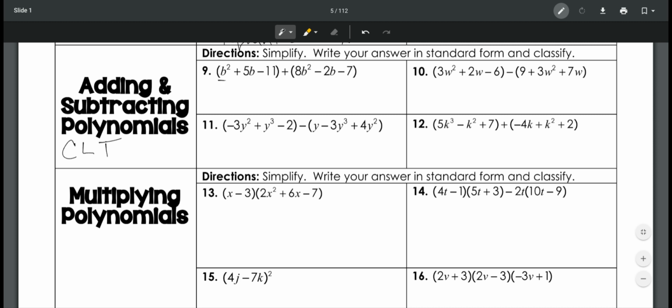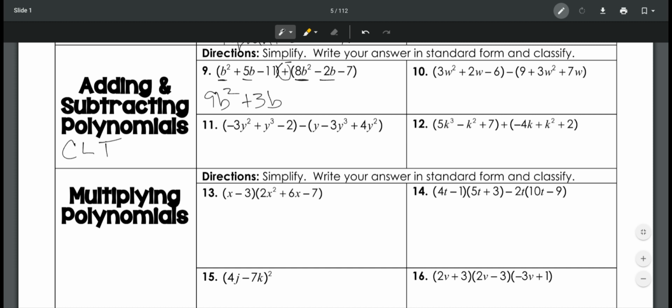So I have a b squared and an 8b squared. Since I am asked to add, I'm going to add 1 plus 8, and that gives me 9b squared. I have a 5b and a negative 2b. So 5 plus negative 2 is positive 3.